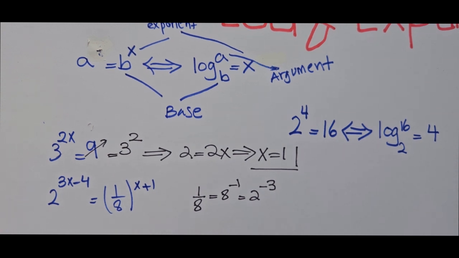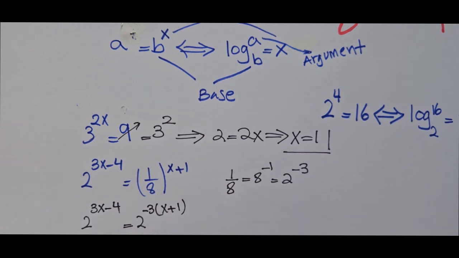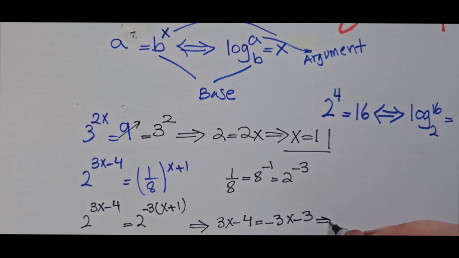So I could say 2 to the power 3x minus 4 is equal to 2 to the power negative 3 times x plus 1. The bases are equal, so I can say that 3x minus 4 is equal to negative 3x minus 3. From here I could say 6x is equal to negative 3 plus 4, which is plus 1.